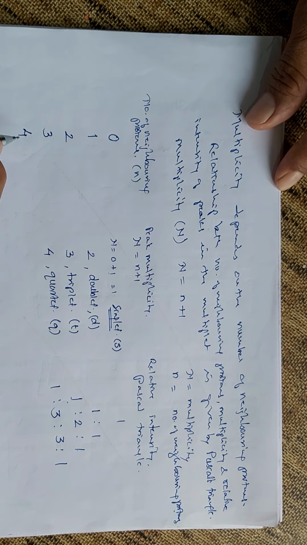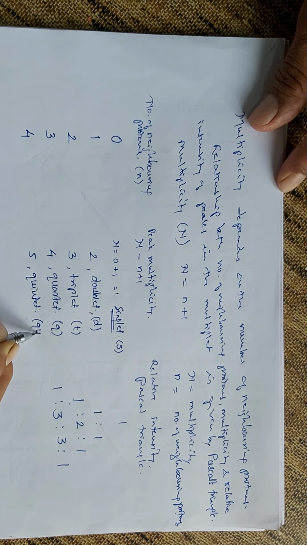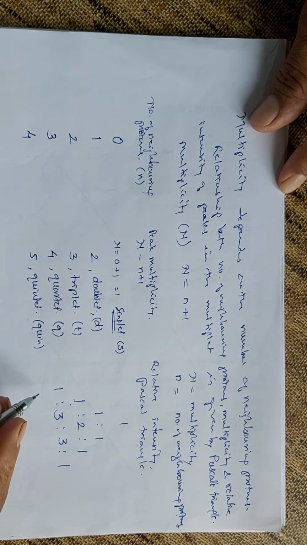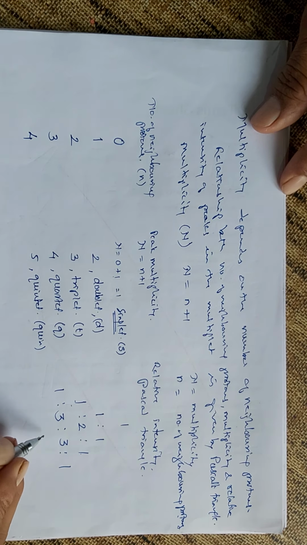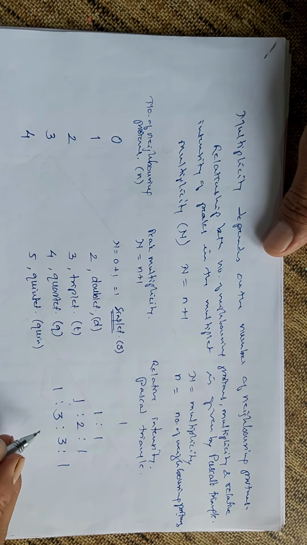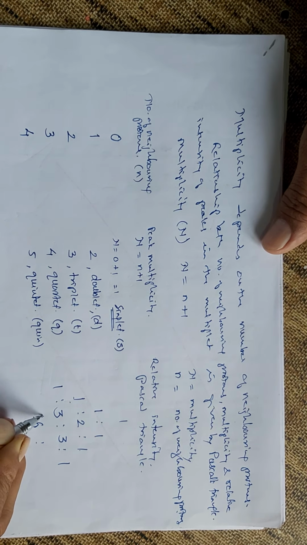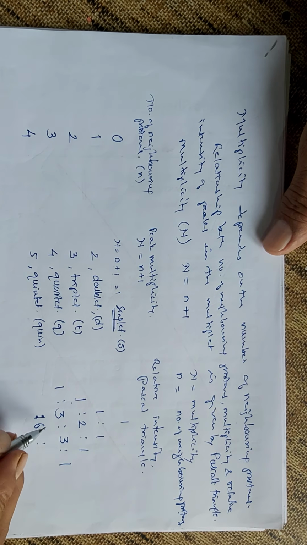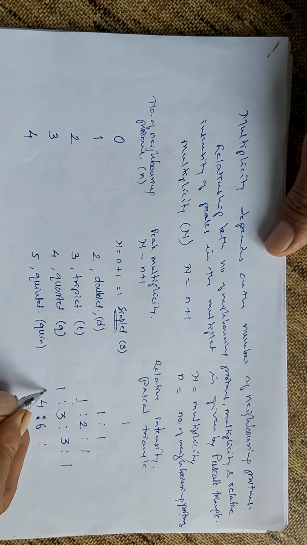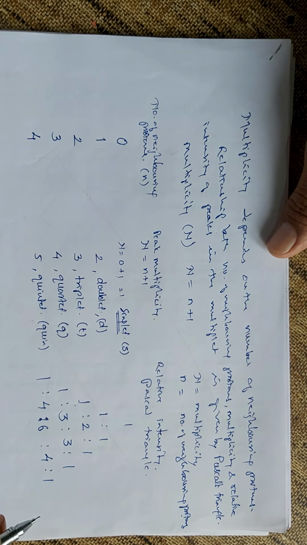Then with 4 neighboring protons, 4 plus 1 is 5, it is termed a quintet, designated as quin. Here it is 3 plus 3 is 6, 3 plus 1 is 4, here 1, here 4, here 1.